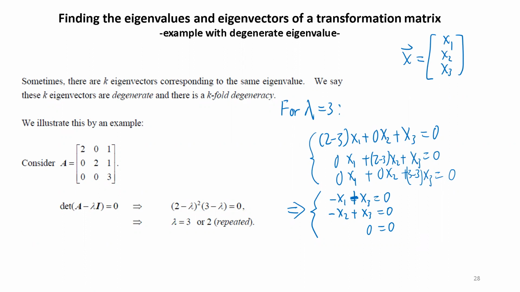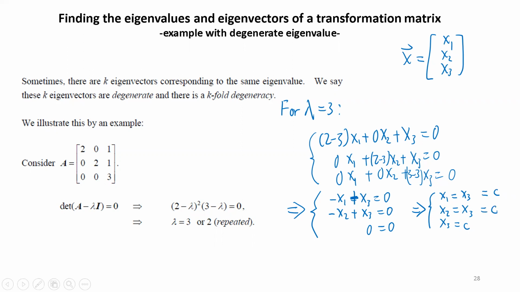That means x1 has to equal x3, and x2 also needs to equal x3, and x3 can be a free parameter, which I call c. So your x1 and x2 end up also being the same c.